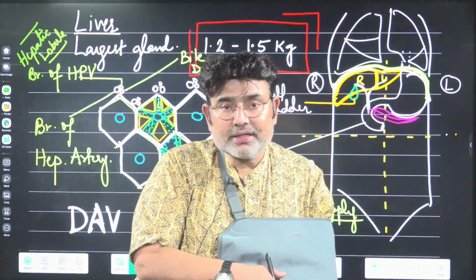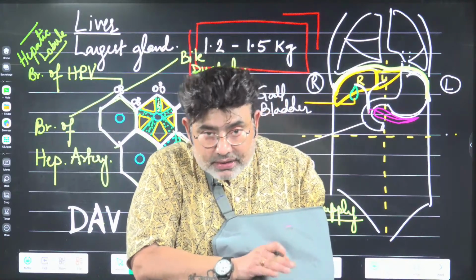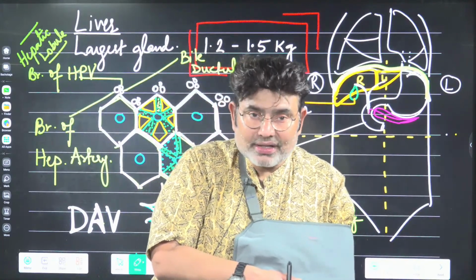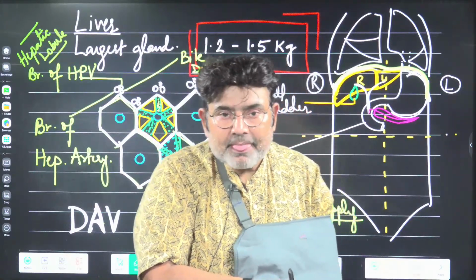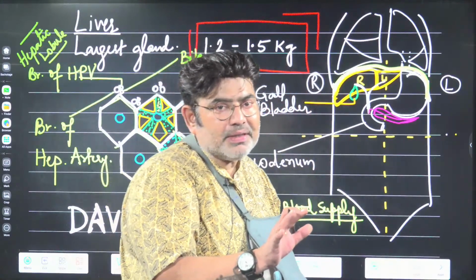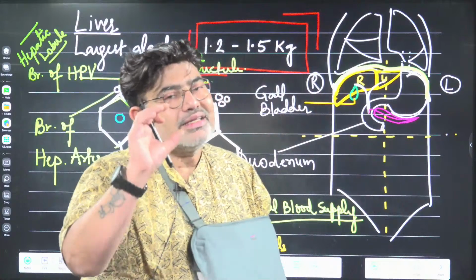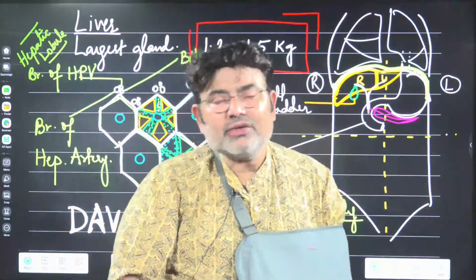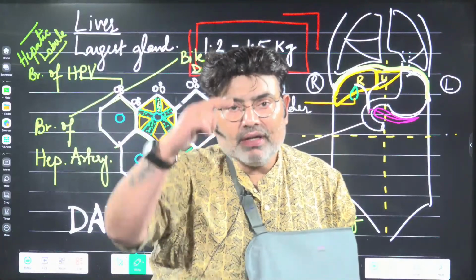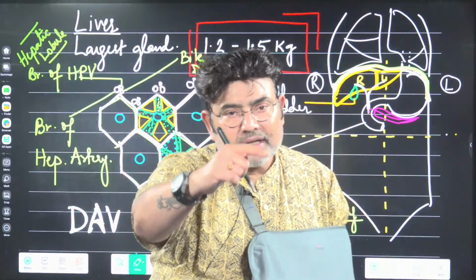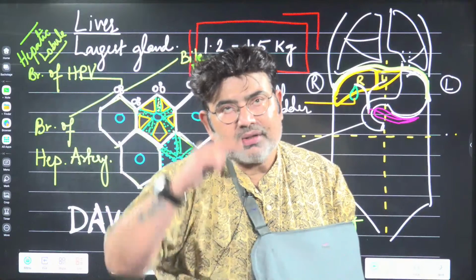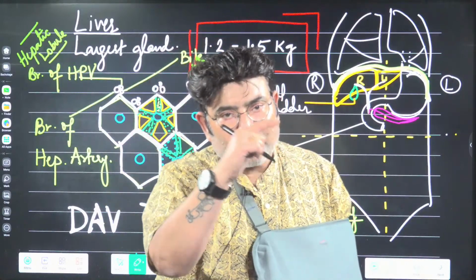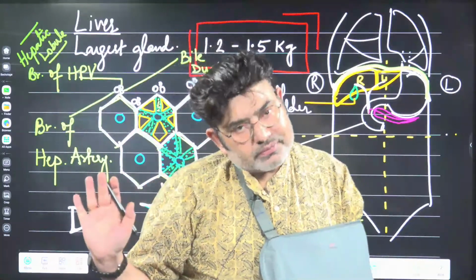From the gallbladder, the bile then goes into the duodenum. Understood? Certain hormonal changes happen, and due to those hormones, the bile from the gallbladder is poured into the duodenum. So, liver to gallbladder, gallbladder to duodenum.